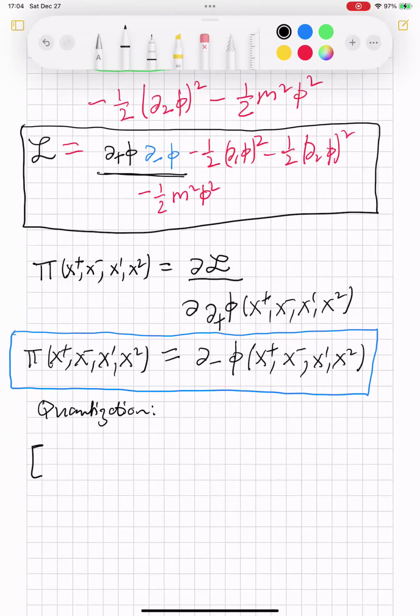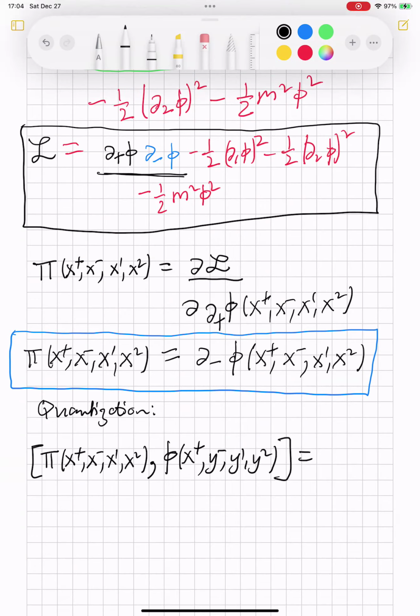So we'll impose an equal x plus commutator. So this is pi of x plus, x minus, x1, x2, and we'll calculate the commutator with phi at x plus. So this is equal x plus, that means equal time, and then we'll have y minus, y1, and y2.